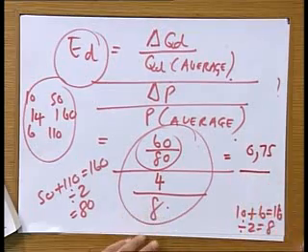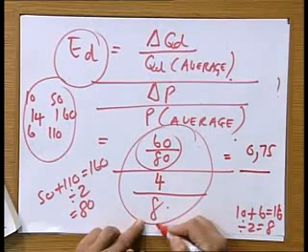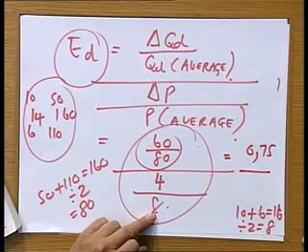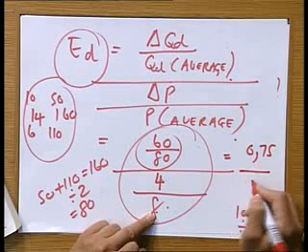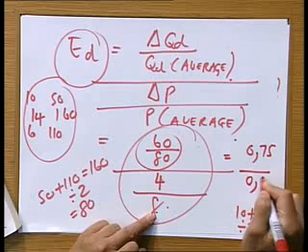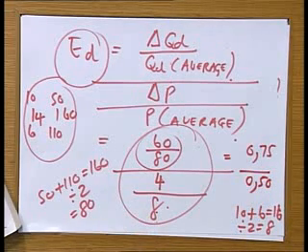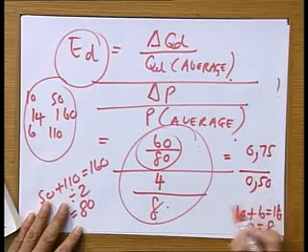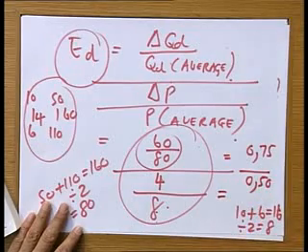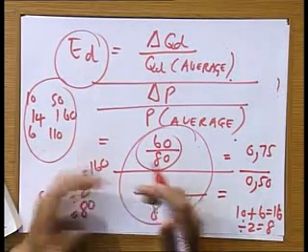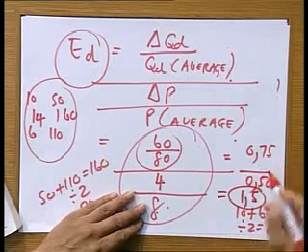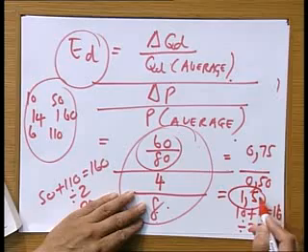And then divided by what? Your denominator, 4 divided by 8. 4 divided by 8 gives you what? 0.50, right? So that is then easy. 0.75 divided by 0.5 gives you then what? 1.5. So 0.75 divided by 0.5 gives you 1.5.